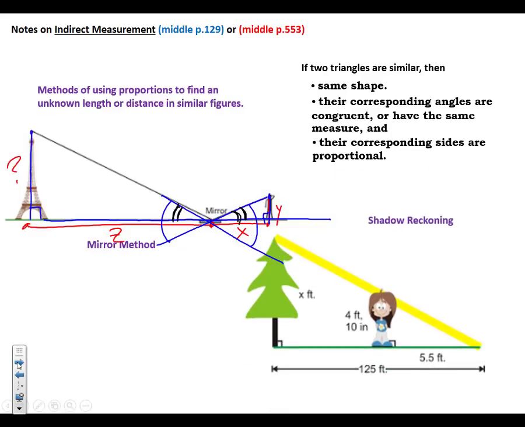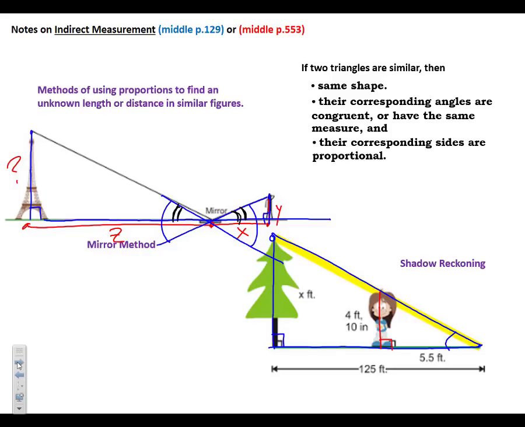The other method we're going to talk about is called shadow reckoning. Hello, shadow created from the sun. And so we can take our object, we can draw straight down, that creates a right angle. The shadow goes down somewhere on the ground, we can measure that. And so we have this angle here. And then we can take our height and we can move ourselves in that shadow until we start to see it. And we can say, hey, we have our height, that's a right angle, so that's one angle.